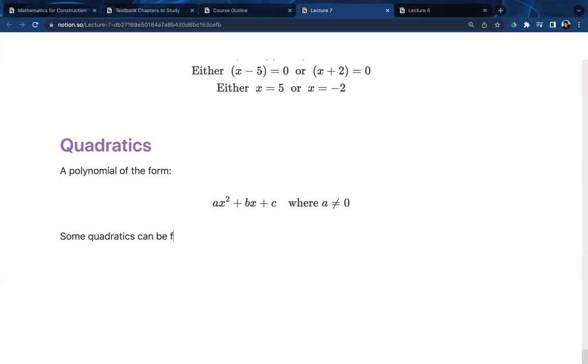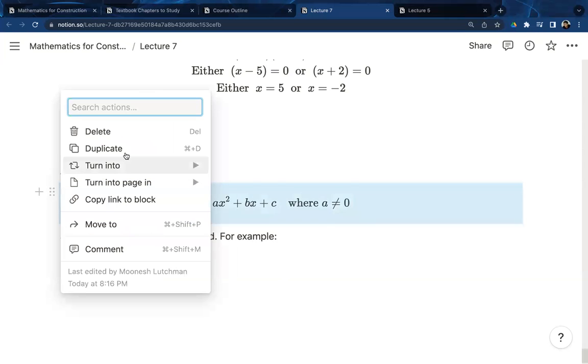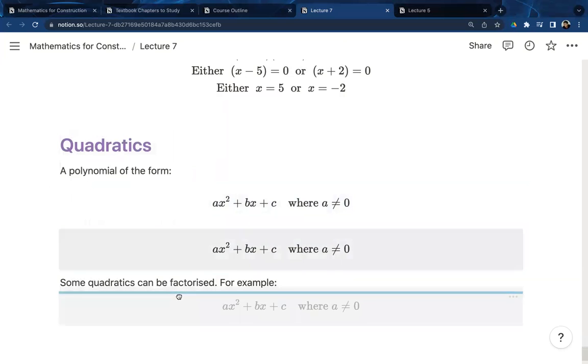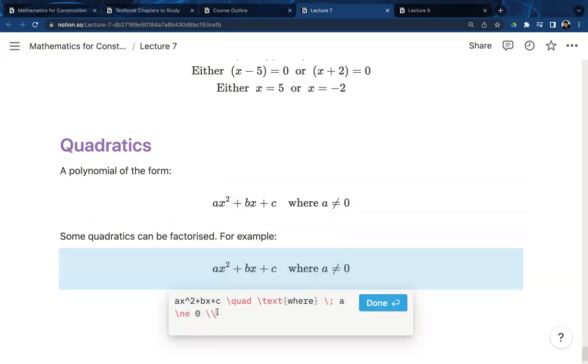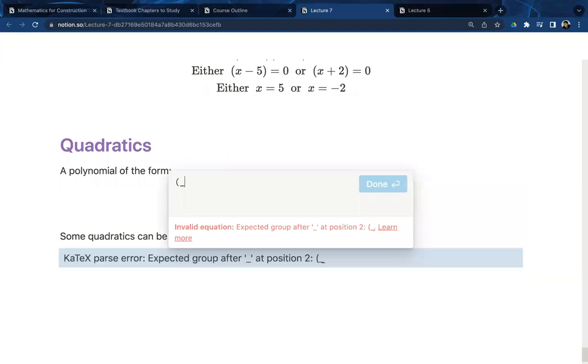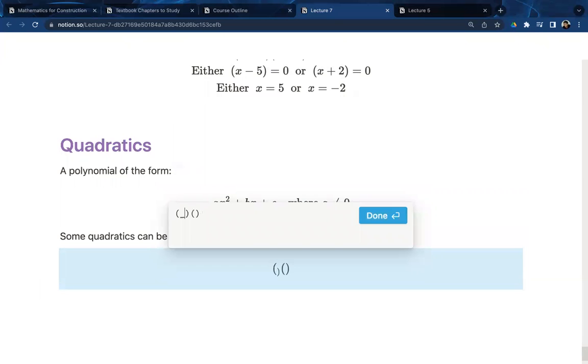Some quadratics can be factorized. For example, let's take this polynomial from up here. x minus 5, x plus 2.